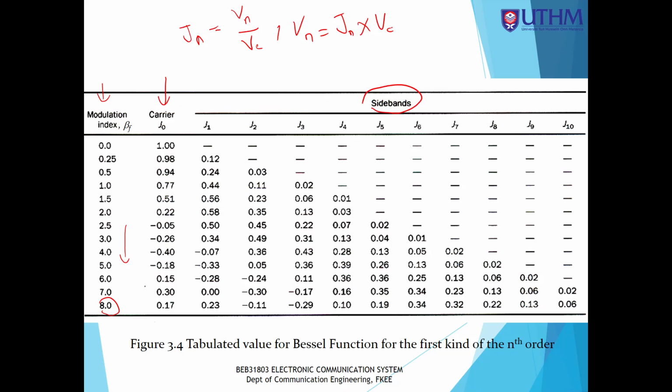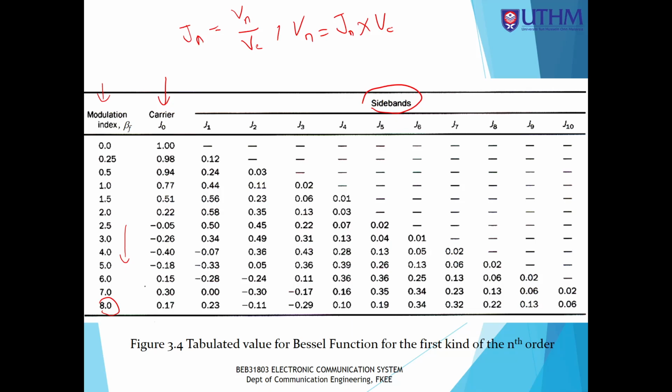Okay, and if you see from this table, there are negative values. The negative values actually show a phase shift. A 180-degree phase shift in the carrier. So that's why the polarity changes to negative.